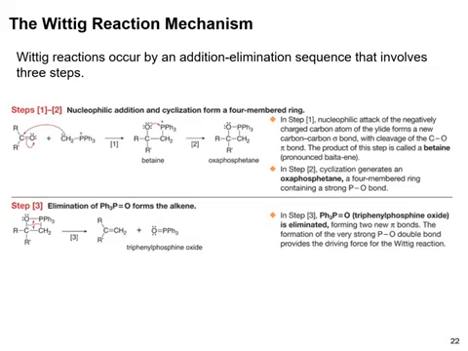And then bonds rearrange within the ring and give the alkene and triphenylphosphine oxide. So in this way, the oxygen of the carbonyl carbon is replaced with the alkyl groups that are present in the Wittig reagent.